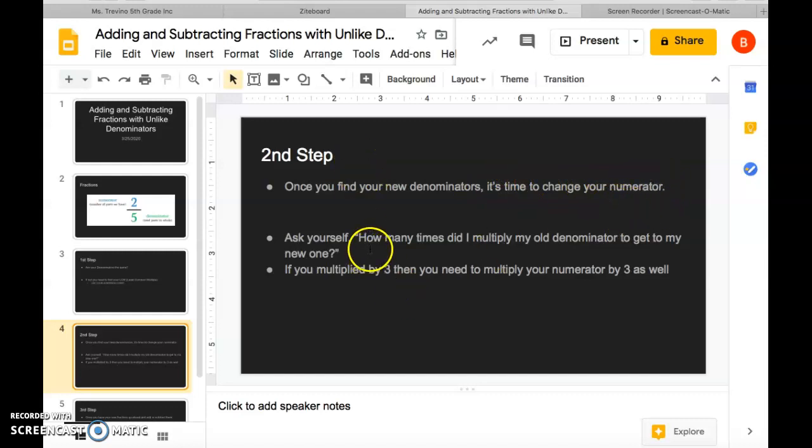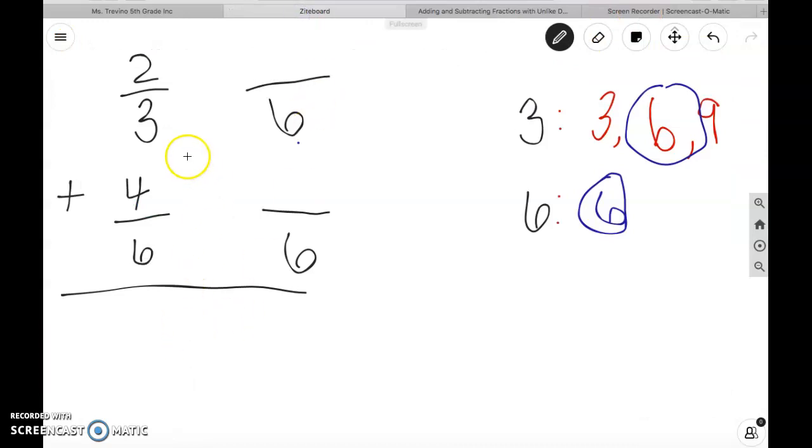So I want you to ask yourself the question, how many times did I multiply my old denominator to get to my new one? Okay, so let's look at it. Here's your old denominator. Then you come here. How many times did we multiply in order to get to 6? 1, 2, right? So we multiplied by 2.